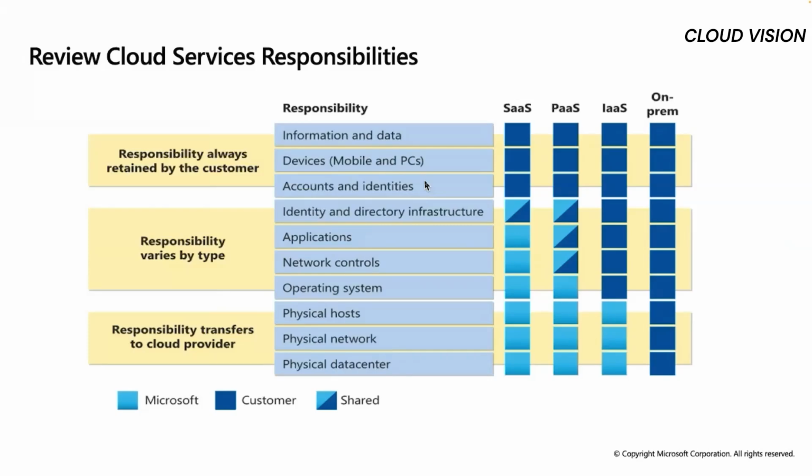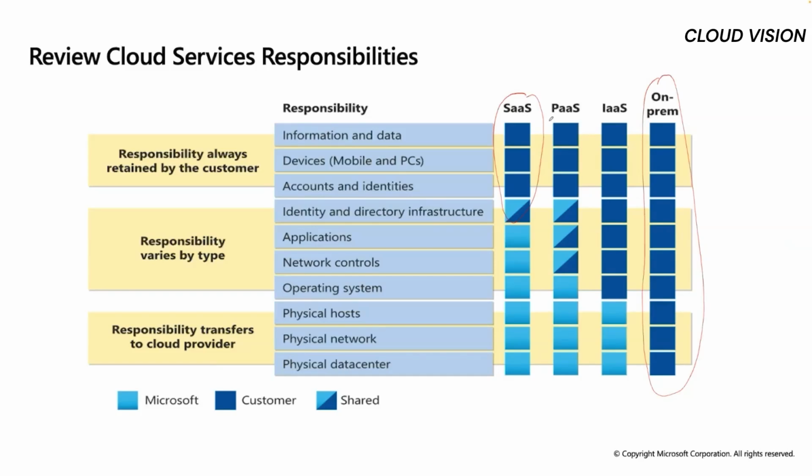When it comes to responsibility, the responsibility literally grows based on the type of model we are following. So let's assume that we are going into a SaaS platform, then its responsibility is quite less. But if you are on-prem, 100% responsibility belongs to you, correct?